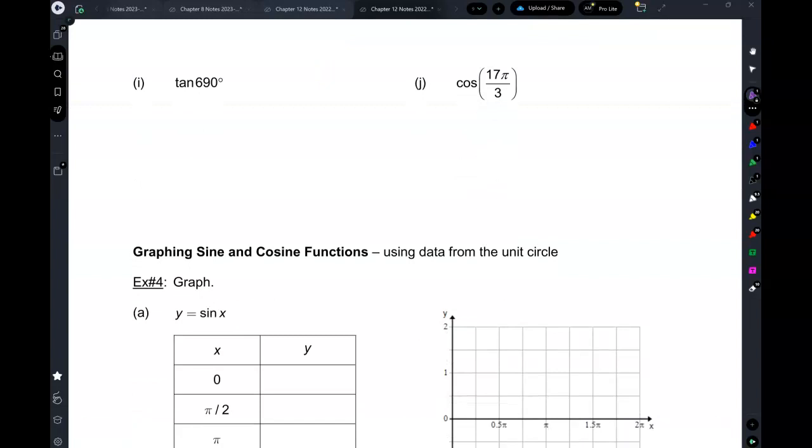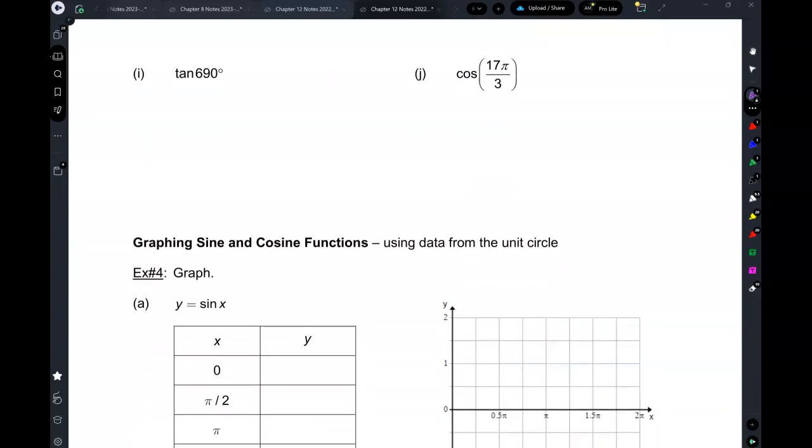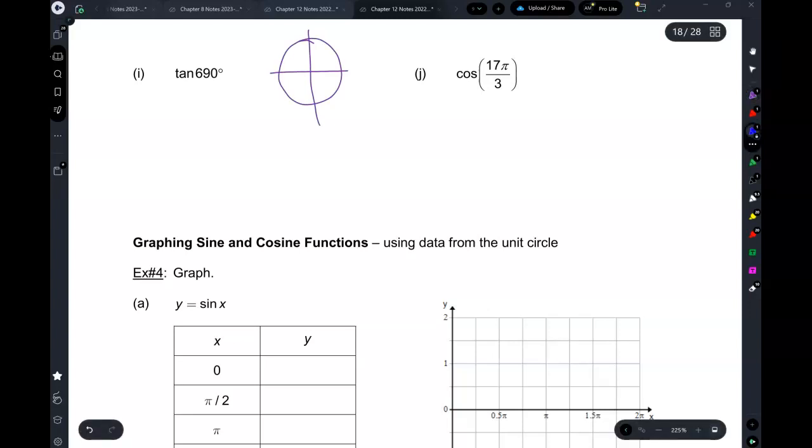Oh boy. Okay, tangent of 690. Ooh, that's a lot. Okay, so let's see. So here's the unit circle. So let's see how we get to 690. This is 0. If I go 360, how much more do I need? 330, so I go all the way there. So I have 30 more left, right?